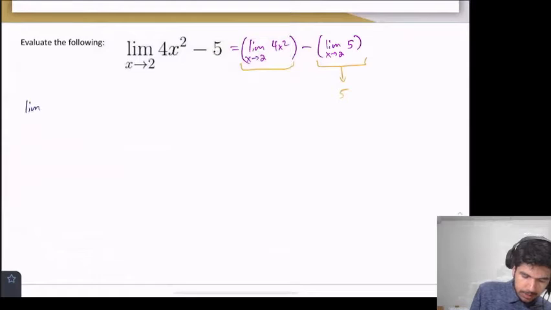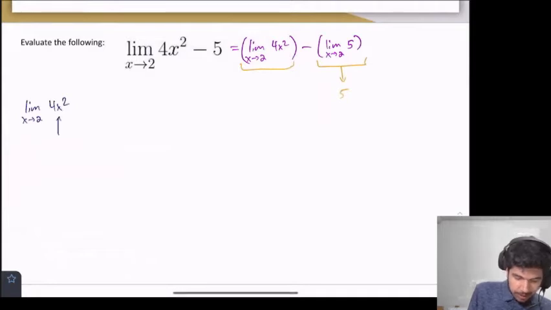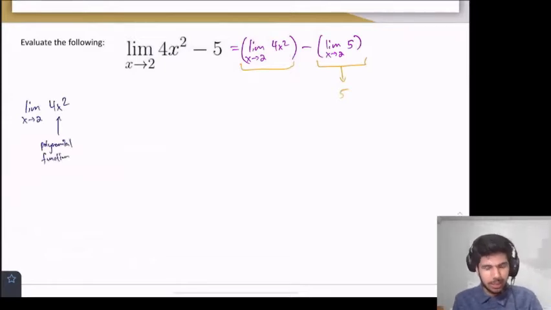So limit as x approaches 2 of 4x squared. Well, what is 4x squared? 4x squared is a polynomial function, right? It's of that form, c1x plus c2x squared, something like that. And what did we say about that? We said the limit as x approaches c of f of x equals f of c.